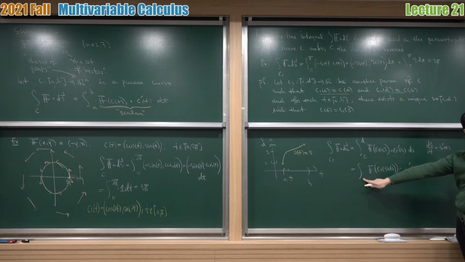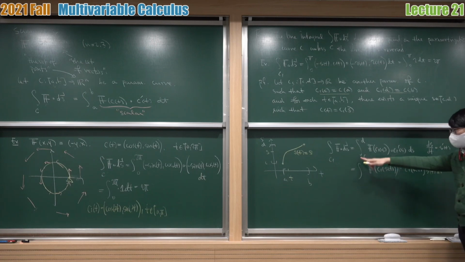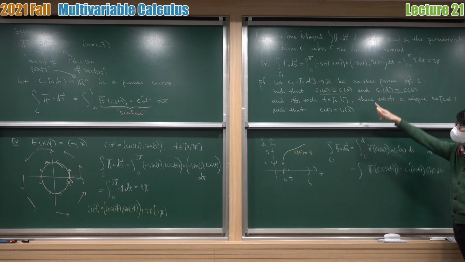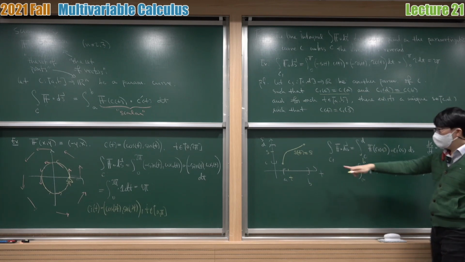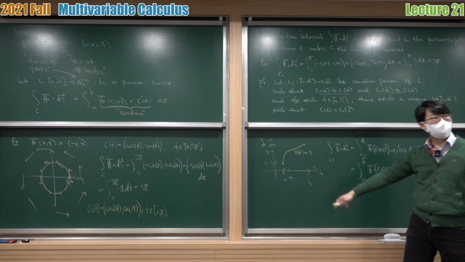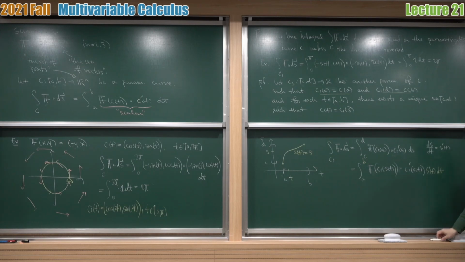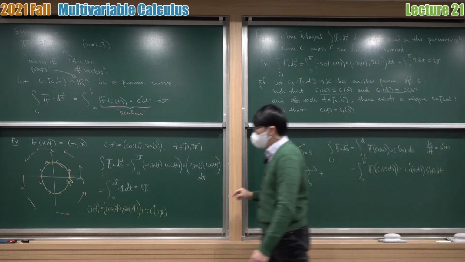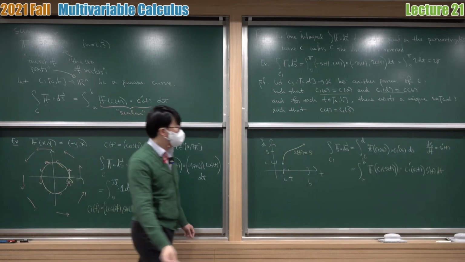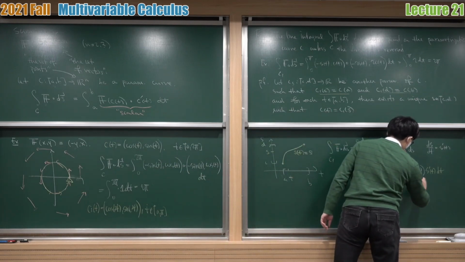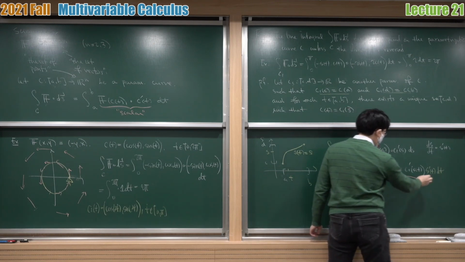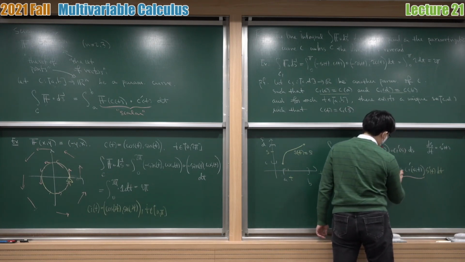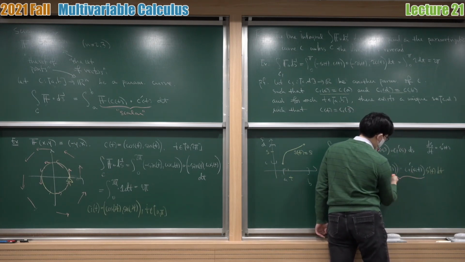Now if I change the integrating variable to t, then the range of t is A to B, because when s changes from C to D, t changes from A to B. Okay? So remember again that these parts are vectors, and these parts are the scalar given by the inner product of two vectors.